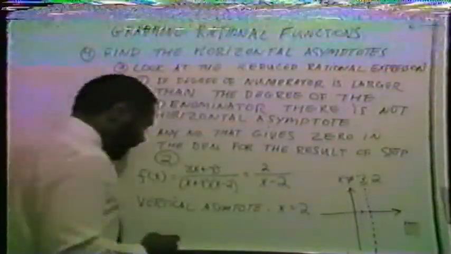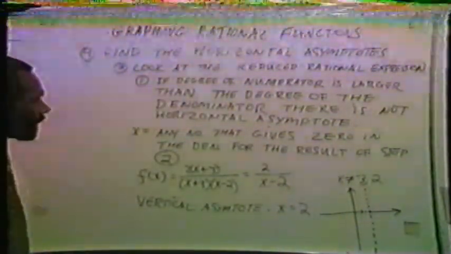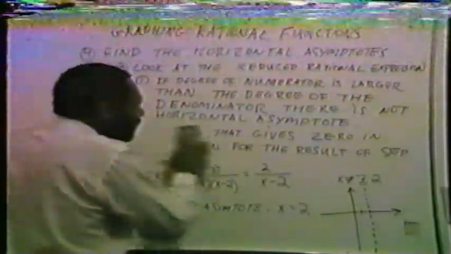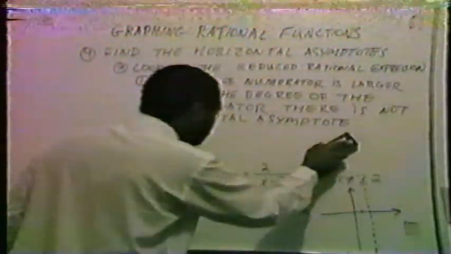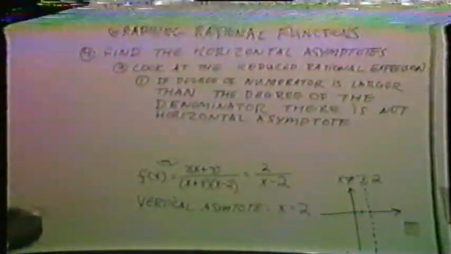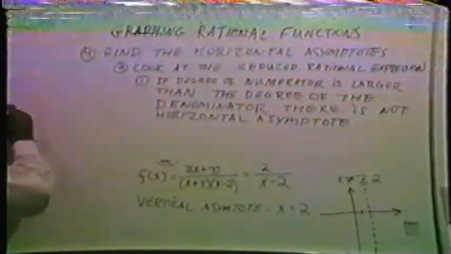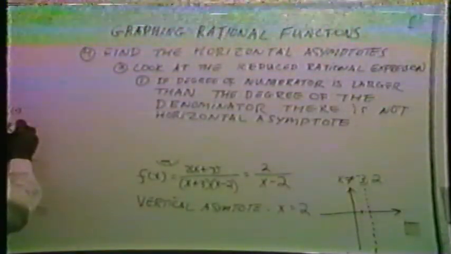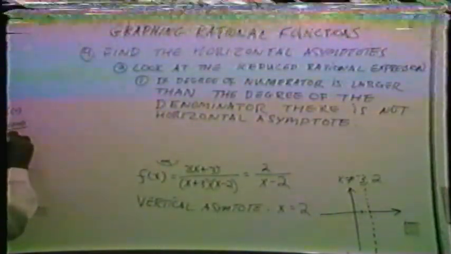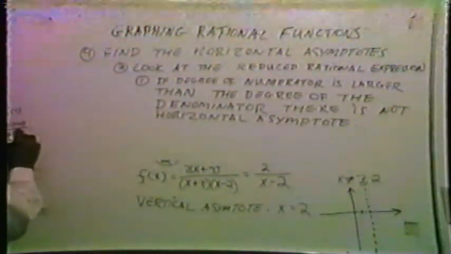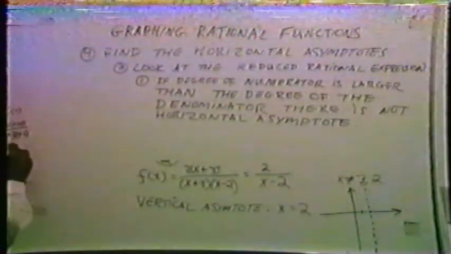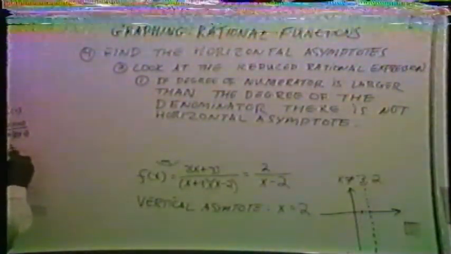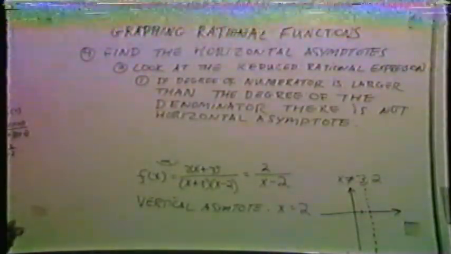Once again, if you reduce the rational expression or the rational function, and you look at the degree of the numerator and the degree of the denominator, and you find out that after you reduce, the degree of the numerator is larger than the degree of the denominator, that means that there is no horizontal asymptote.